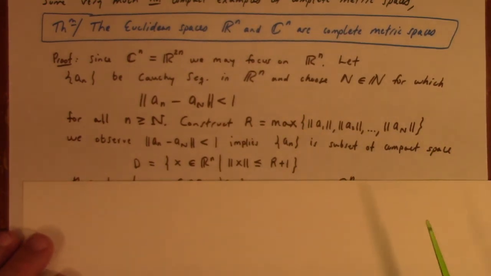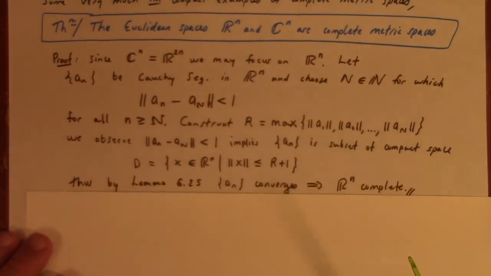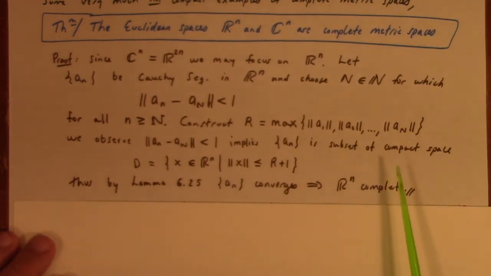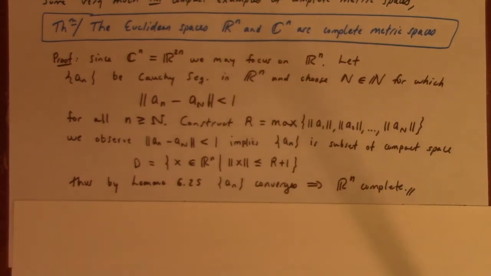This is in Rn, right? Okay, so then you can apply lemma 6.25 to get that a sub n converges, because you just got that it's a Cauchy sequence in a compact space.